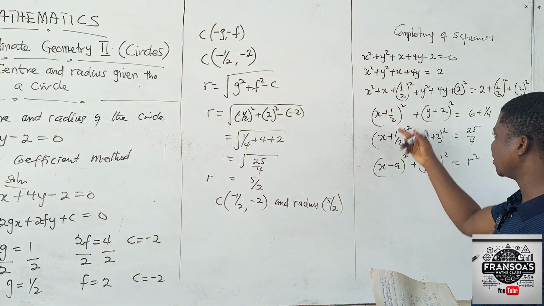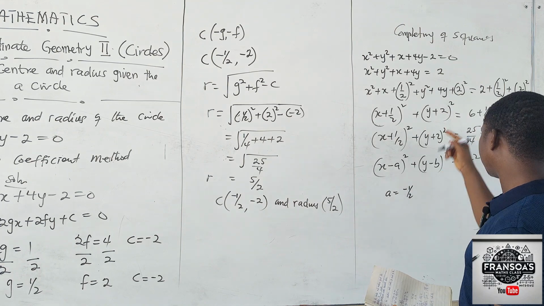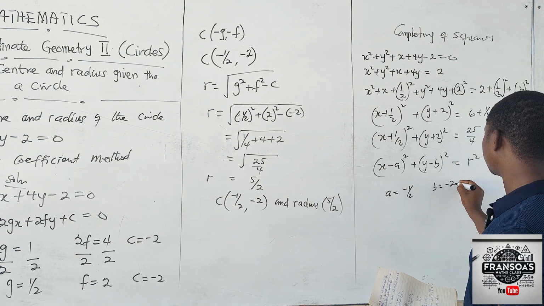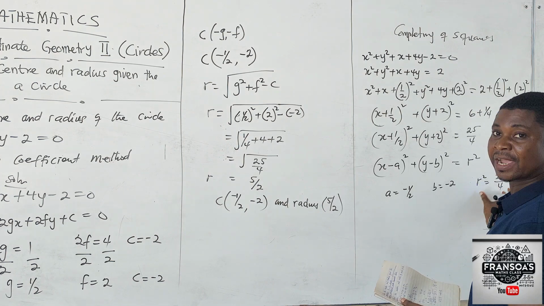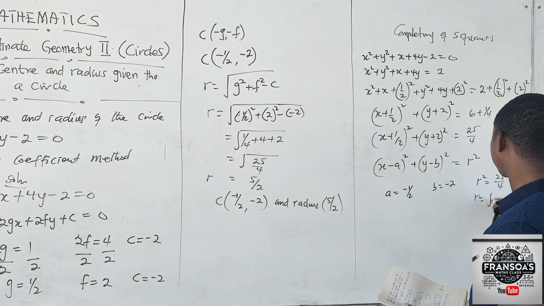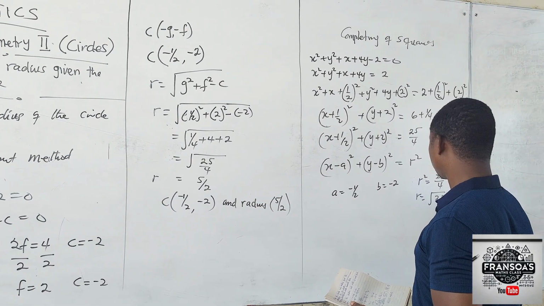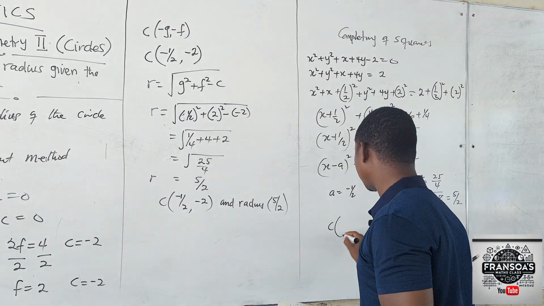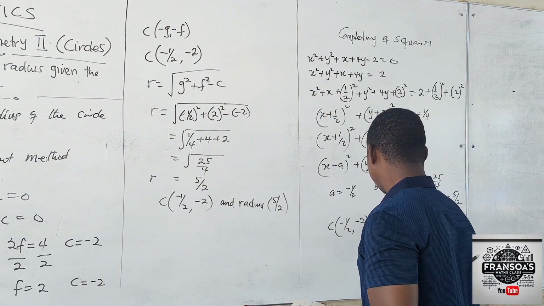When you compare that, we can say that a is negative half, and b is negative 2. Then r squared is equal to 25 over 4. So r becomes the square root of 25 over 4, which gives us 5 over 2. Therefore, we have our center to be negative half, negative 2, and radius 5 over 2.